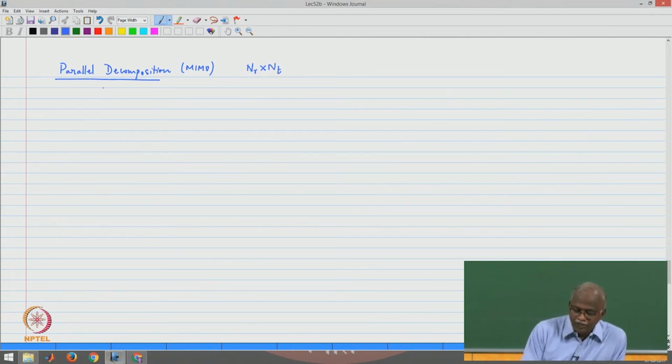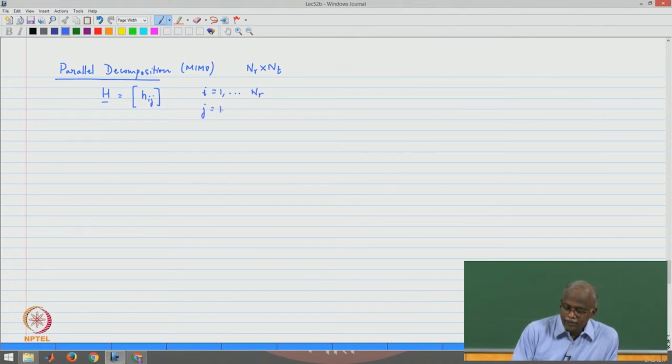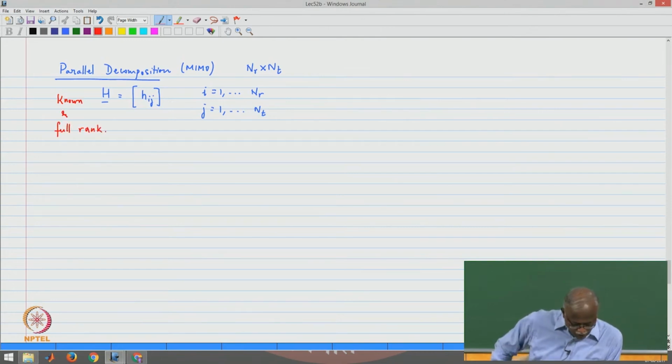We assume that we know the following matrix, Hij, where i is equal to 1 through NR, j is equal to 1 through NT, that this is known and it is full rank. So, basically we will assume that this is the problem statement.